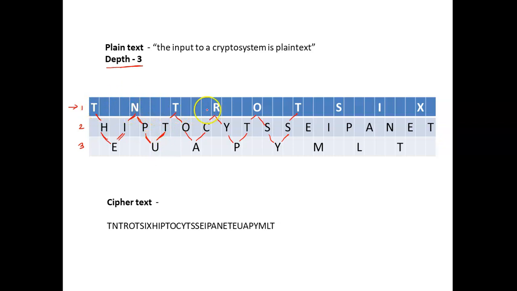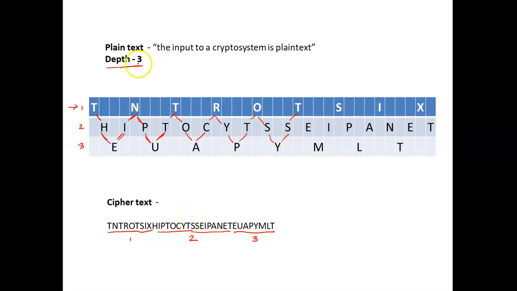This is our first row, then from H to T is our second row, and from here to here is our third row. Like this, write it down. Now you can see the plain text is converted into an unreadable format. You can't easily read the ciphertext. It is unreadable, just by rearranging the elements.